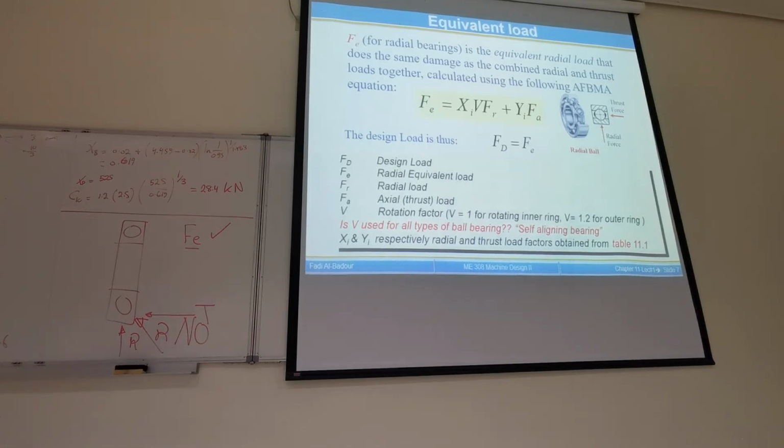So it doesn't make sense. What you have to do, first, you recheck. Second, if you checked and found that everything is correct, you make the equivalent load equal to the radial load.